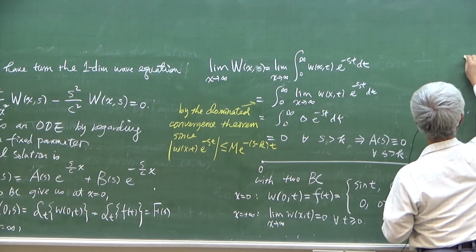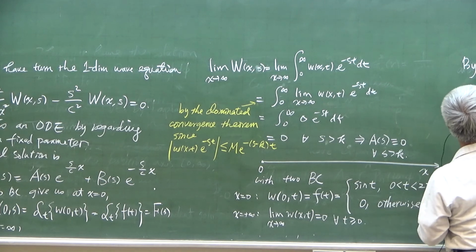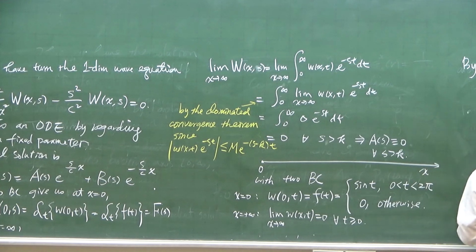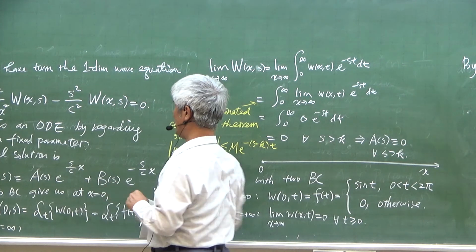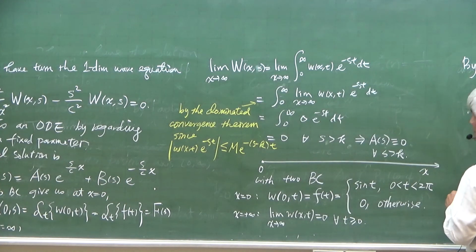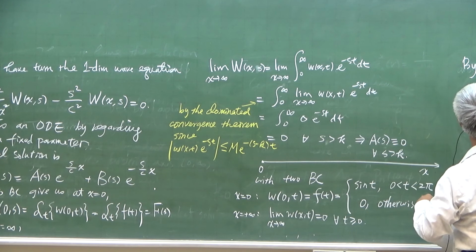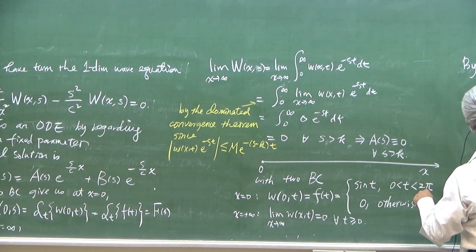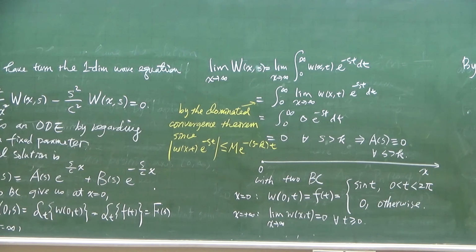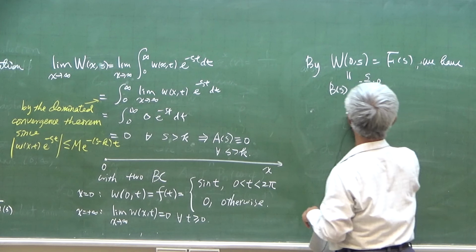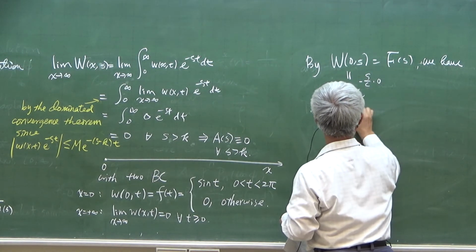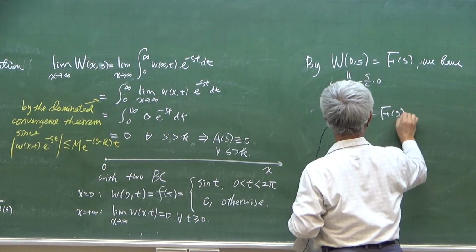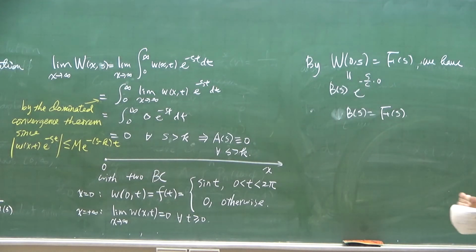But by the condition at 0, equal to F, we have that this is equal to B(x). And e^(-x) becomes 0. When x equals 0, we have that B(x) is equal to F(x).